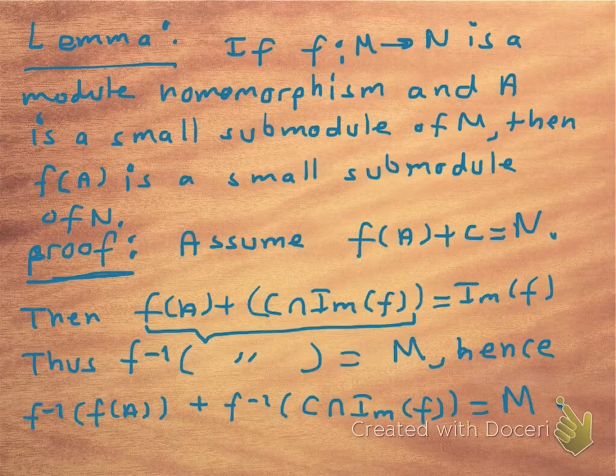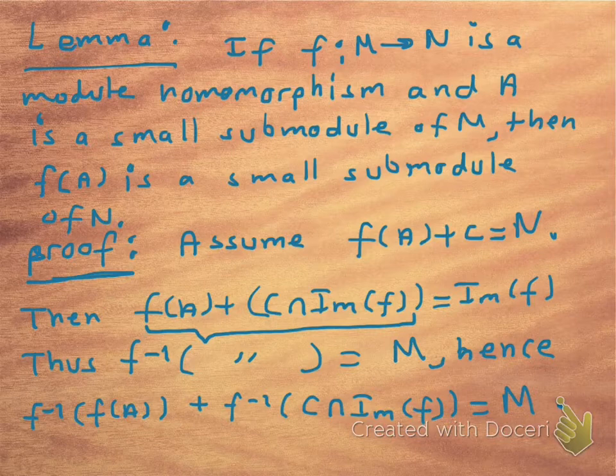Let's prove this. Okay, so first assume that the sum of F of A, the image of A under F, with a submodule, say C, of N is equal to N. We want to prove that C is equal to N. Now, since F may not be onto, here's what we're going to do.